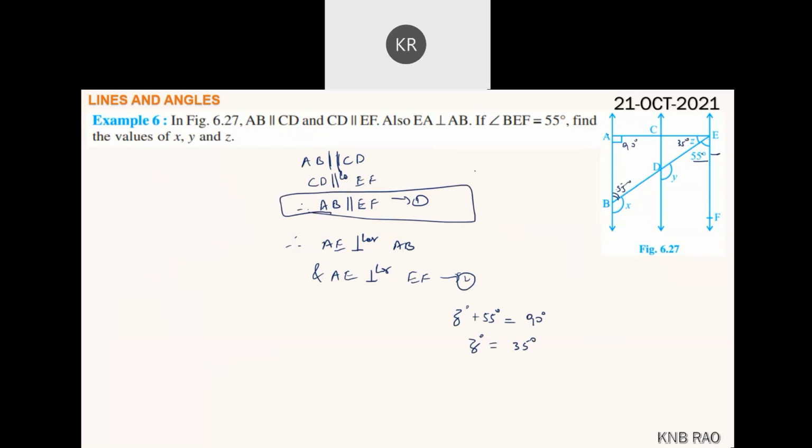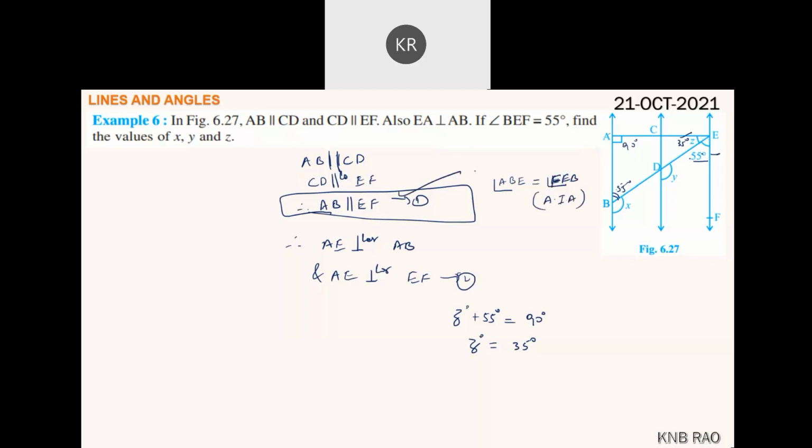Yes, sir. So you use triangle ABE, that way you find angle z. Angle ABE is equal to angle FEB, because alternate interior angles are drawn between two parallels.